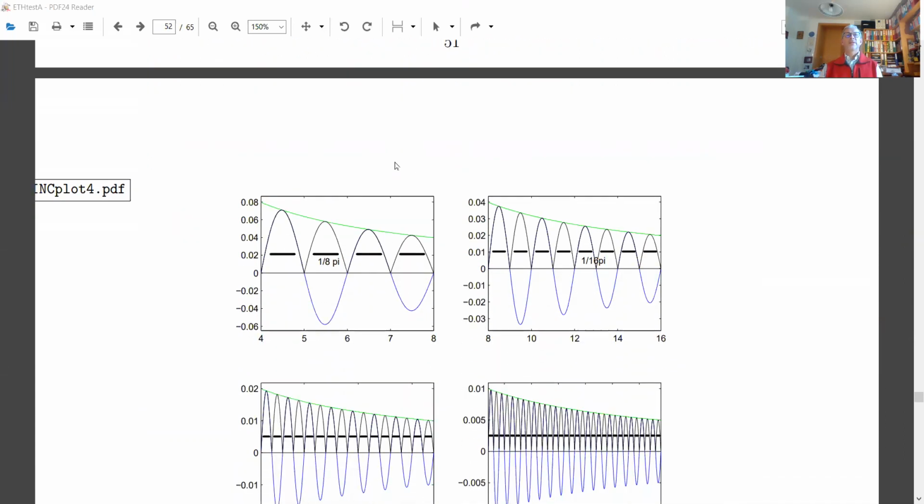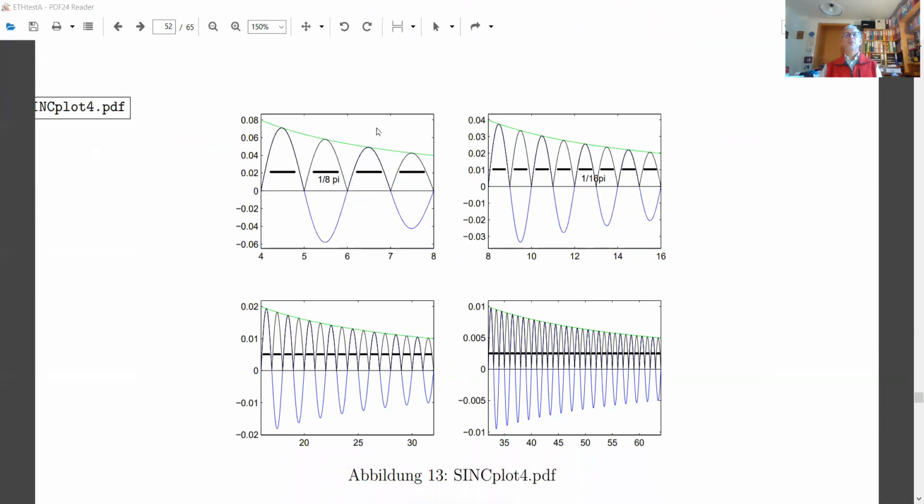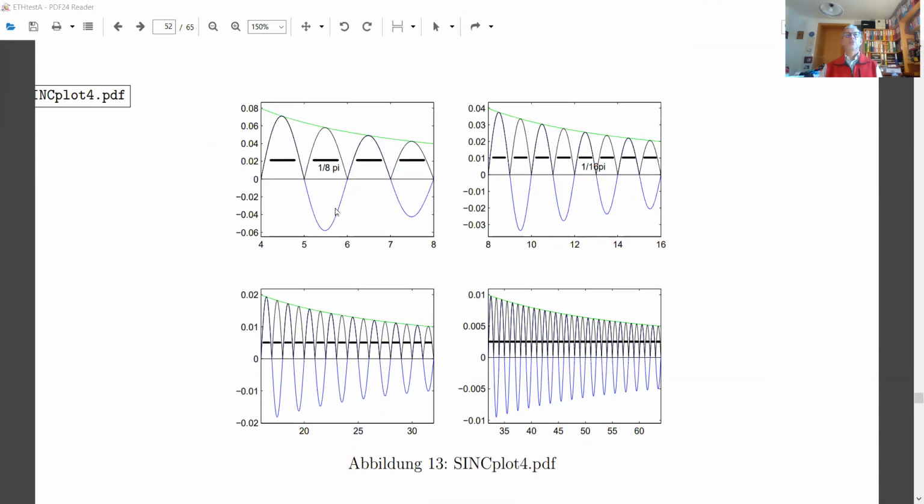We will also see, and I would like to show you by pictures, that the SINC function is not integrable. What I'm showing you here is a part of the SINC function on the interval from 4 to 8. The SINC function is the blue curve.